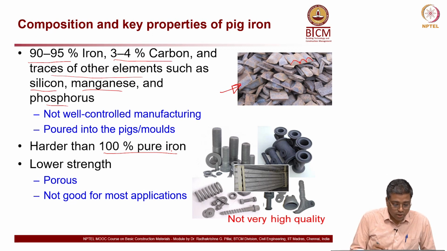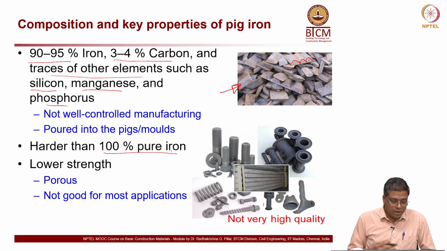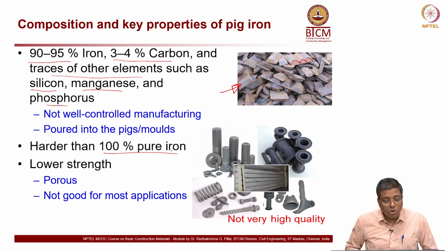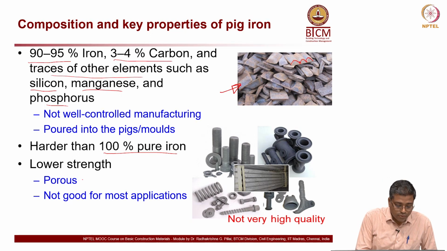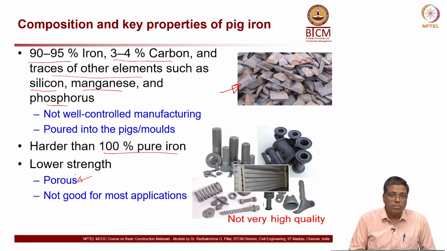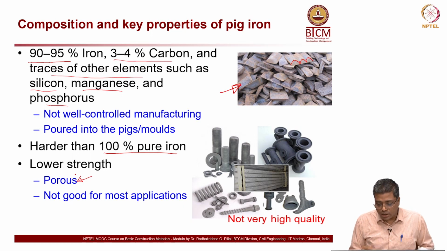That is why it is harder in nature, and it also has lower strength because it is very porous, as the manufacturing process itself is not very well controlled. So, because it is porous with low strength and high hardness, the products coming out of this are not really of high quality.